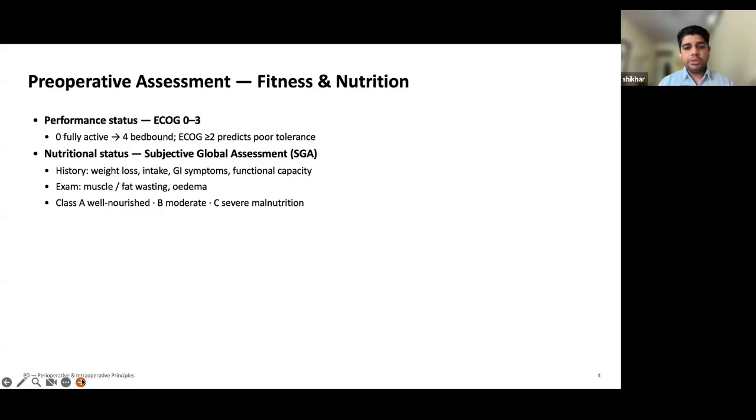We counsel regarding nutritional intake, especially high protein intake, and motivate them for rehabilitation exercises, especially chest physiotherapy and incentive spirometry, and there are structured exercises also available. We make patients follow those for the next 2 to 3 weeks, and then we reassess these patients and go for the surgery.